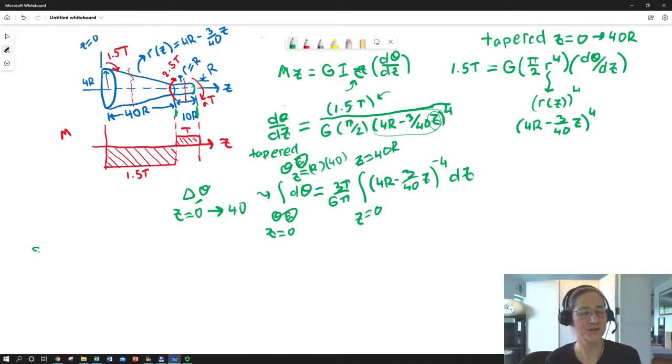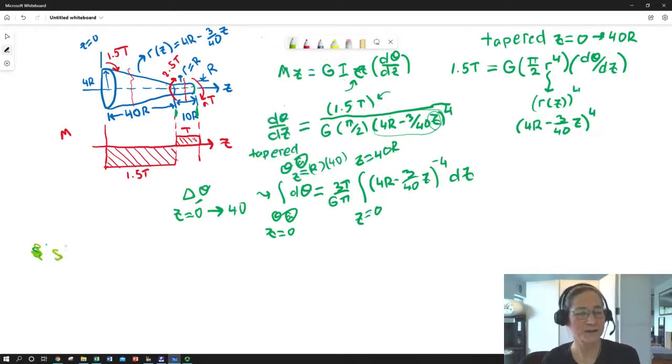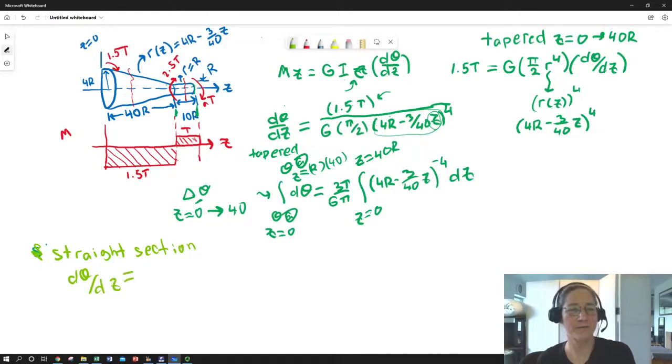So if we go to the straight, in fact, let's get another color here. It's going to be a little bit lighter. So if we go to the straight section, our twist rate is going to be a little bit simpler. First of all, we're going to have a lower torque or a lower internal moment.